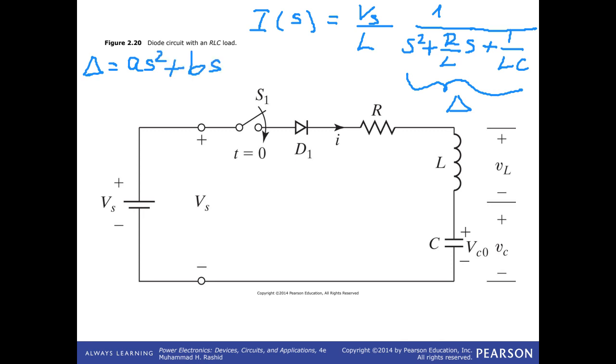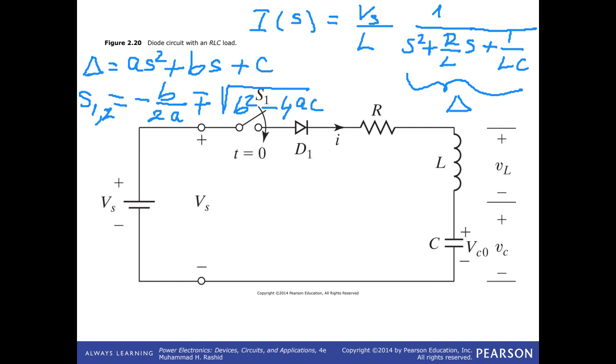S1,2, you are familiar with that one from control: minus b over 2a plus or minus the square root of b square minus 4ac, divided by 2a, a well-known equation.